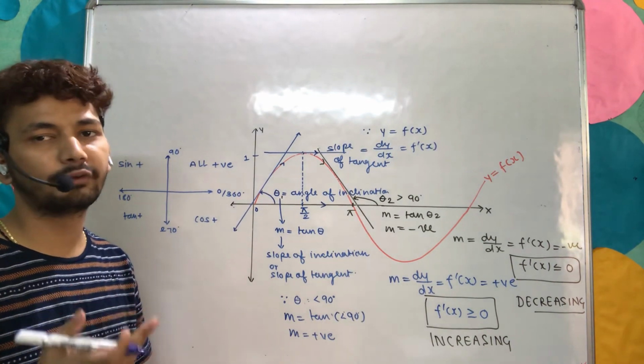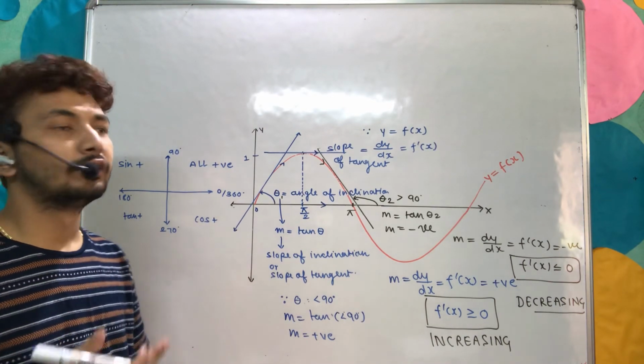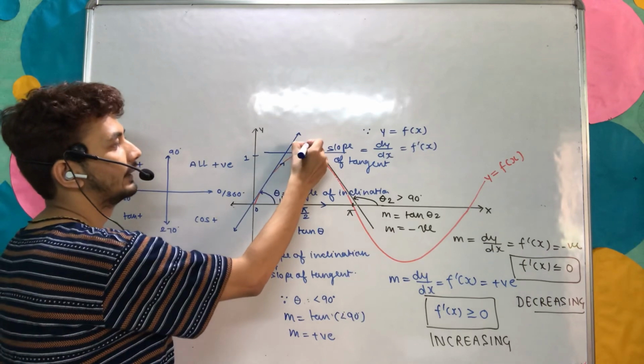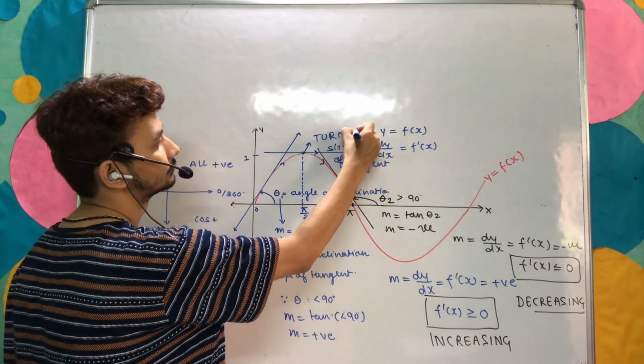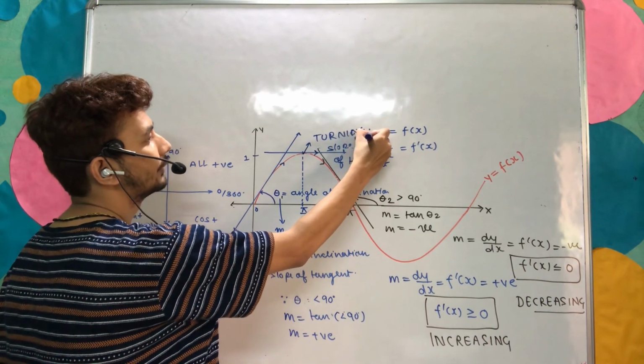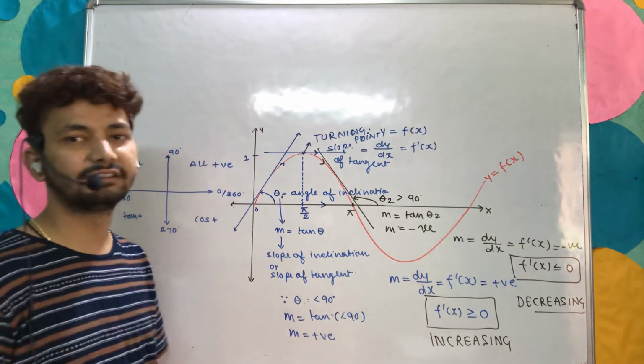That means the derivative at this point will be 0, because whenever a line is parallel to the x-axis, its slope of tangent and angle of inclination are always 0. So this point is known as the turning point. So we got three things: the turning point, increasing function and decreasing function.